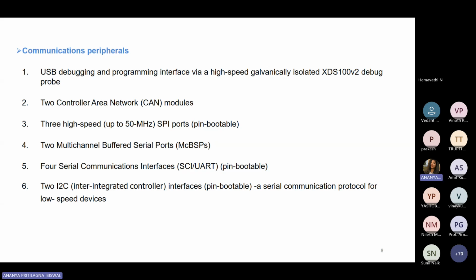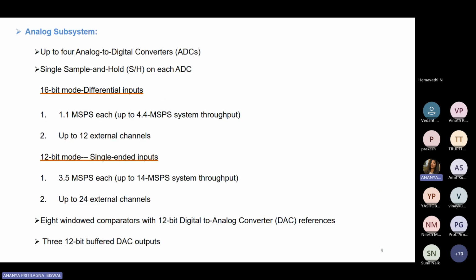The analog subsystem consists of up to four analog to digital converters, that is ADCs, with a sample and hold on each ADC.